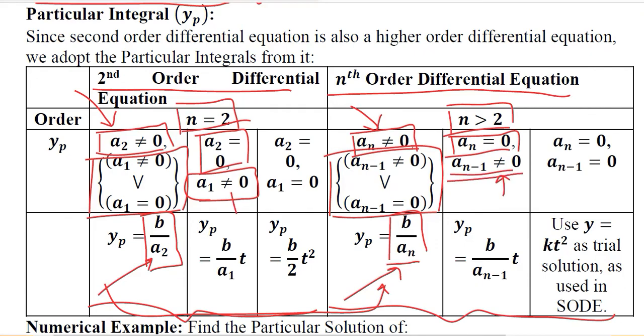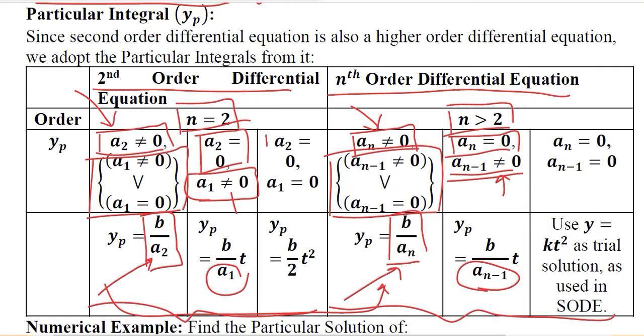And the formula was that the second highest order coefficient was appearing in the denominator, and here again the second highest subscript coefficient is there.